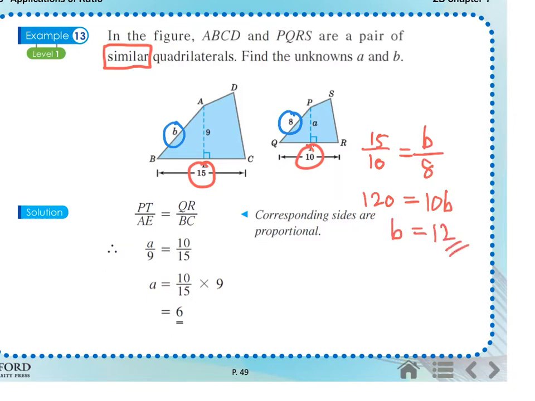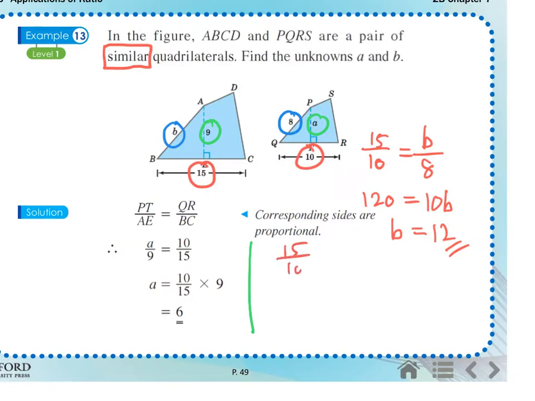And then 12 here. On the other hand, we can also use this ratio to find the third pair, which is 9 and 8. Okay, see, how do we do it?